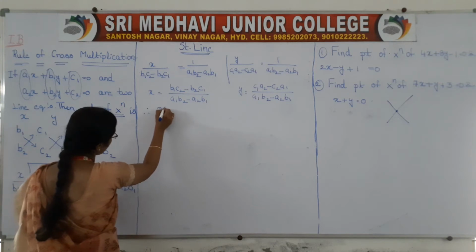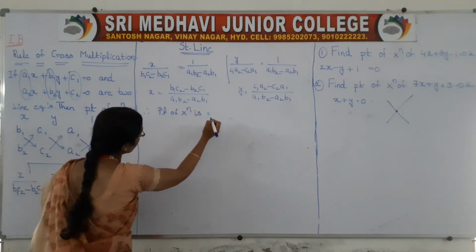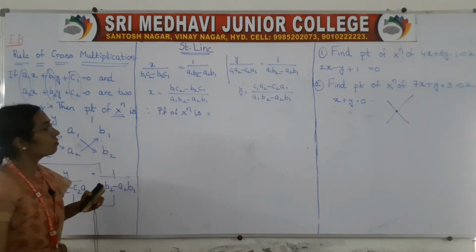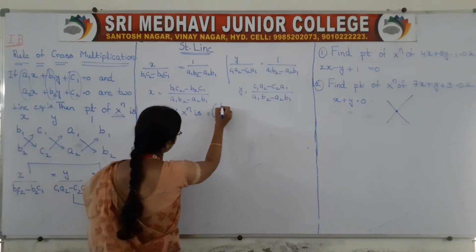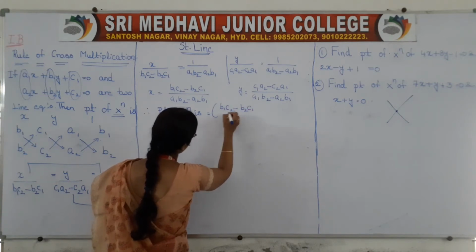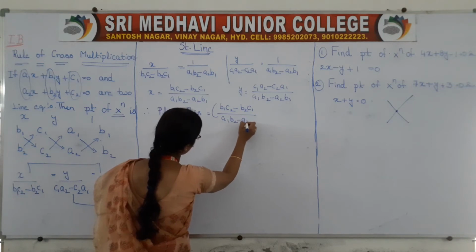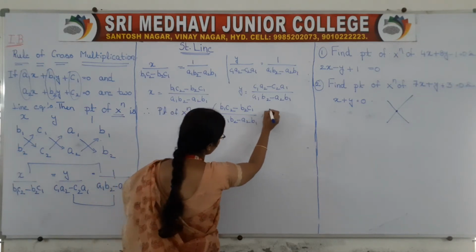Therefore, the point of intersection means the x, y values: x equals b1 c2 minus b2 c1 by a1 b2 minus a2 b1.